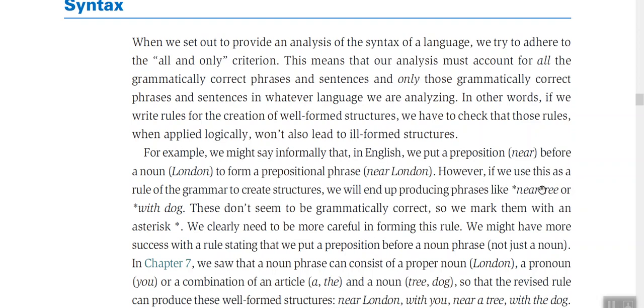However, if we use this as a general rule of the grammar to create structures, is it applicable to others? Is it right to say that we put preposition plus noun, like near London? Let's see.